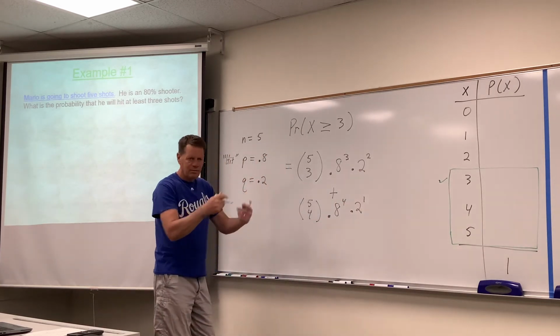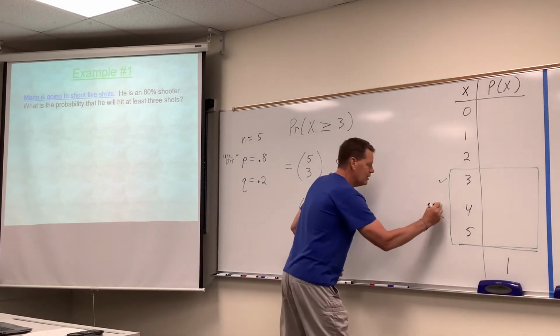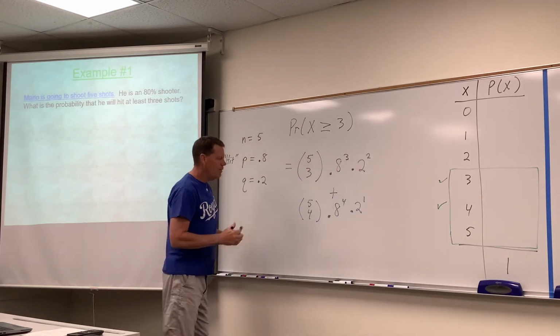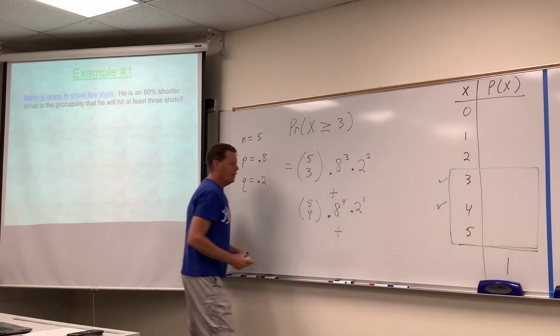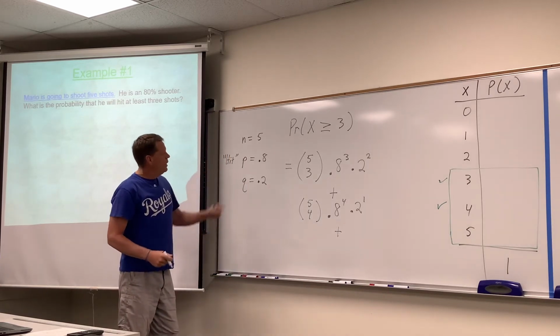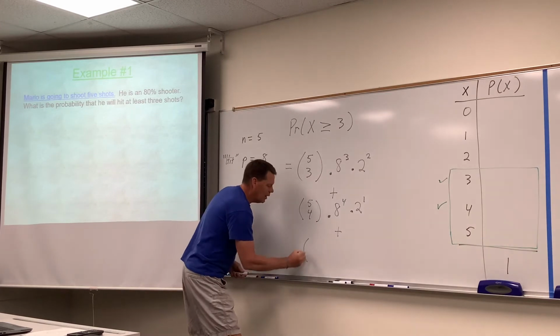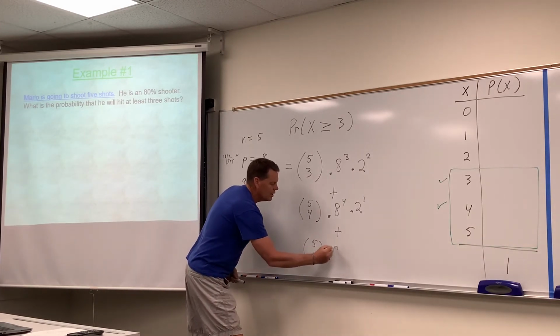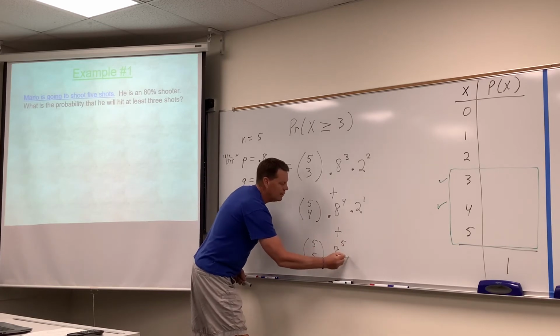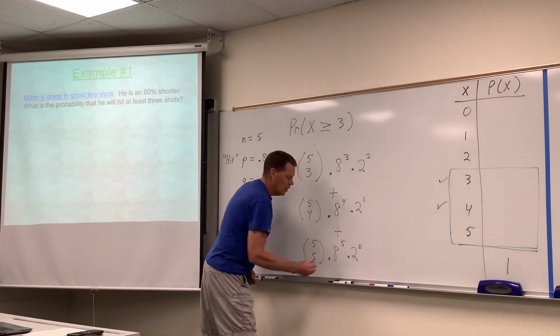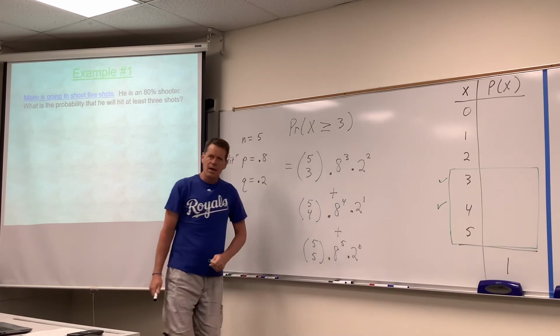Crunch, crunch, crunch, you get that number. We did this exact question on assignment 15. And then the probability of hitting all 5 shots. Hey Mario, I'm going to give you 5 shots. You can choose 5 to hit, which means you're going to succeed on 5 of them, and therefore fail on 0. Put it in the calculator.